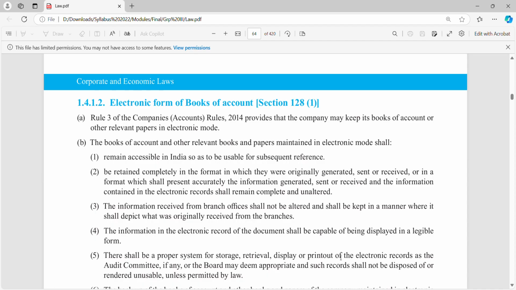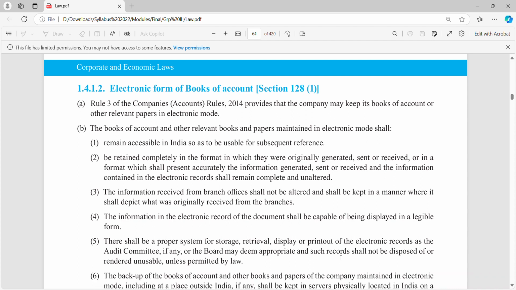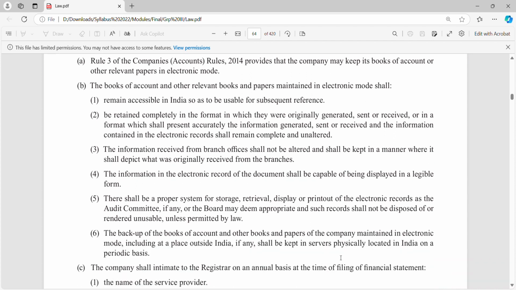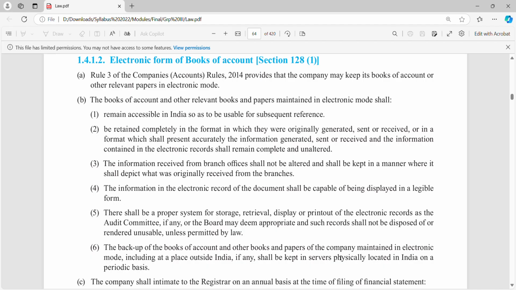Rule 3 of the Companies Rules 2014 provides that a company may keep its books of accounts or other relevant papers in electronic mode. The books of accounts and other relevant books and papers maintained in electronic mode shall remain accessible in India so as to be usable for subsequent reference, and be retained completely in the format in which they were originally generated, sent or received. So books of accounts are required to be kept, and you can keep them in electronic mode also.